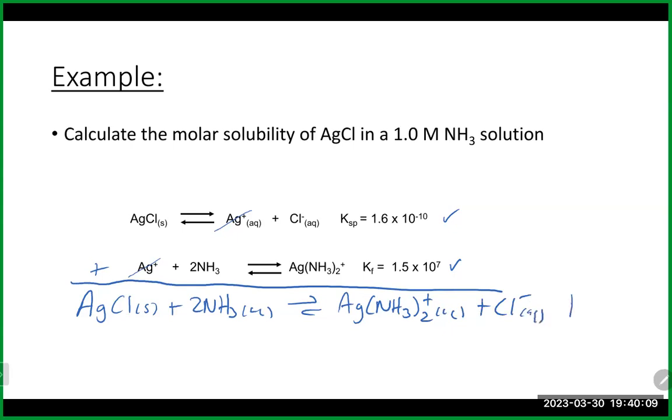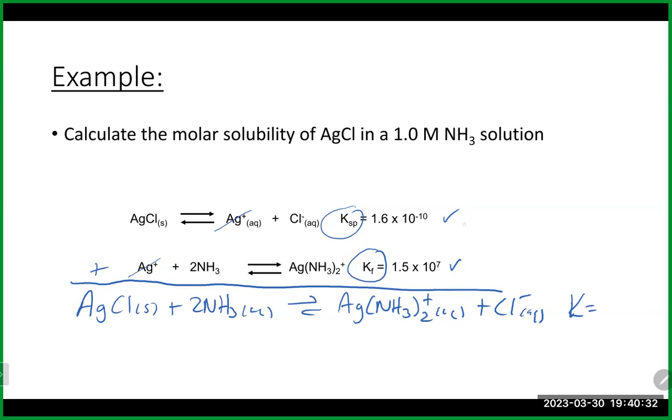Now, if I want a K value for this reaction, is it okay to multiply a KSP and a KF together? The answer is you can. They're just K values, same idea as when you did Ka times Kb equals Kw. Even though they have different subscripts, they're all ultimately equilibrium values, and you can multiply them together.